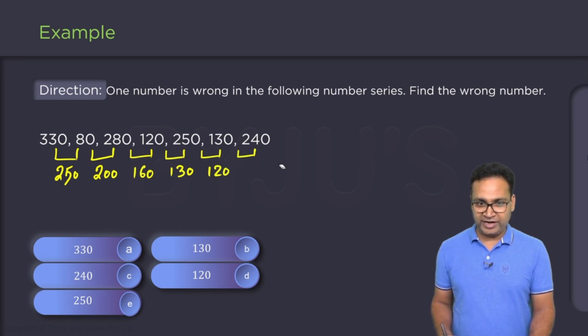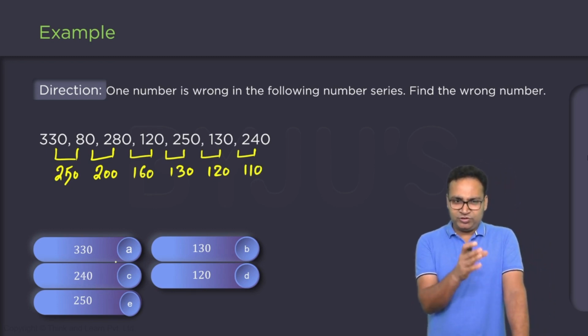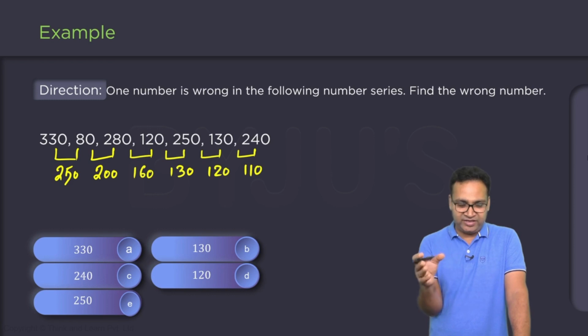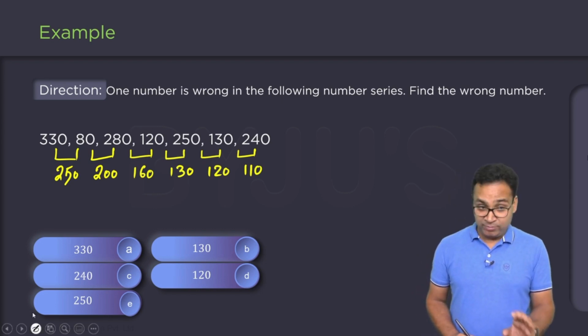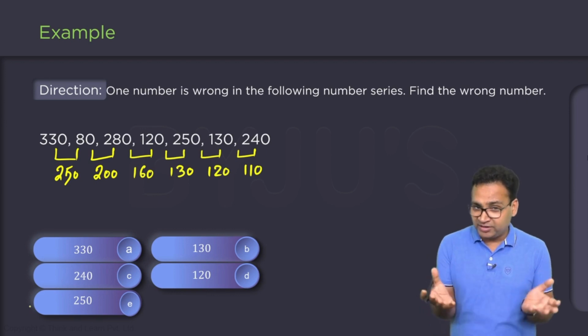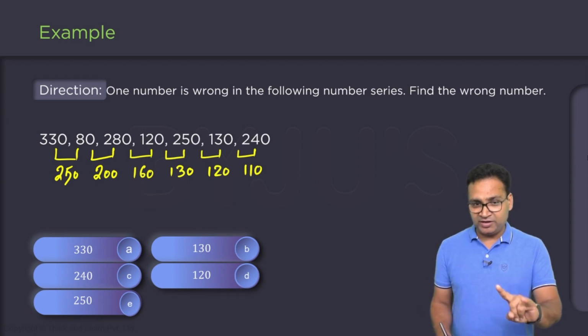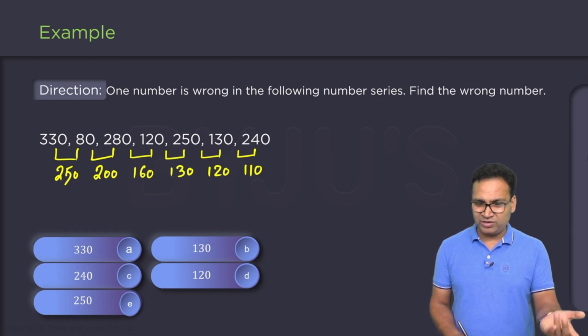I need not write plus minus, remember this like this. So 250, 200, 160, 130, 120 and 110. Clear? Perfect. Now I'm not able to figure out anything by looking at these differences. I can see 110, 120, 130, 160, 200, 250.